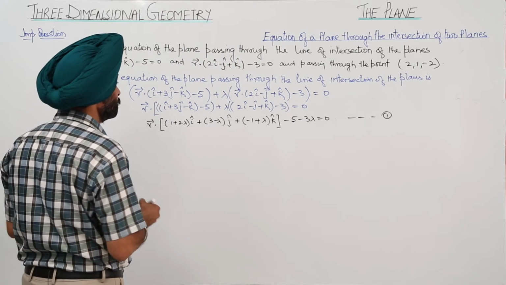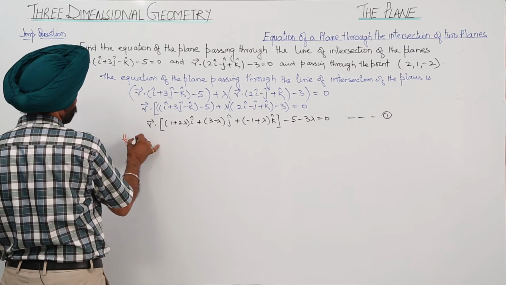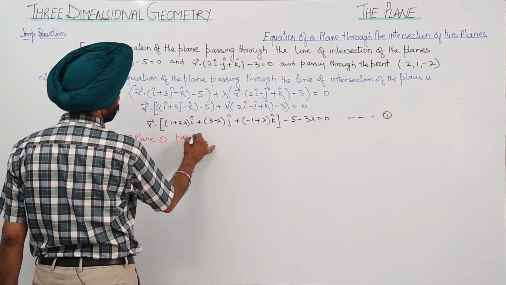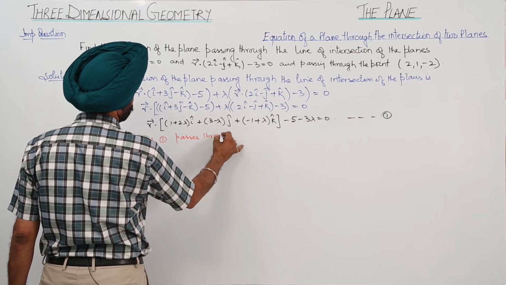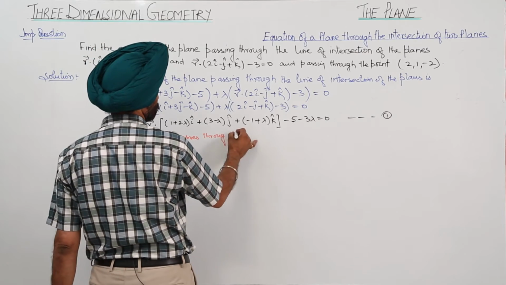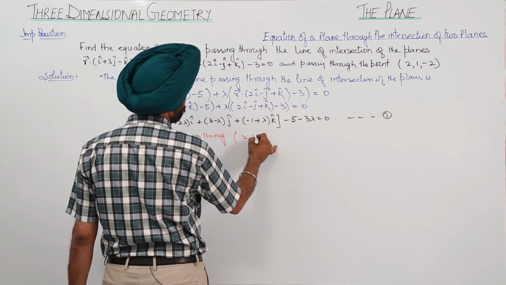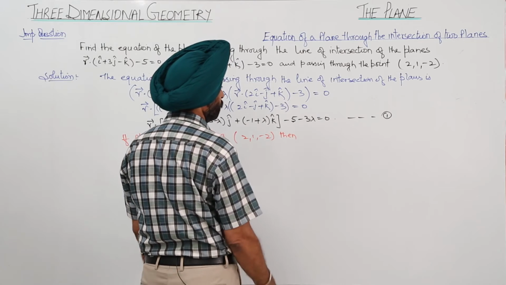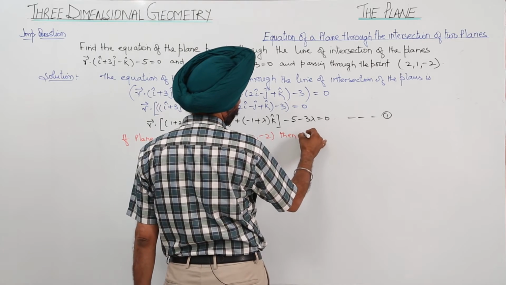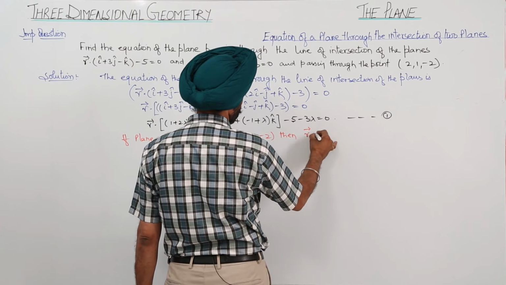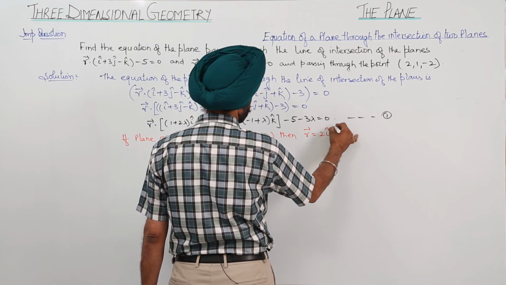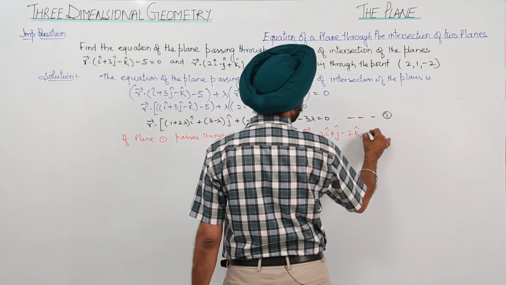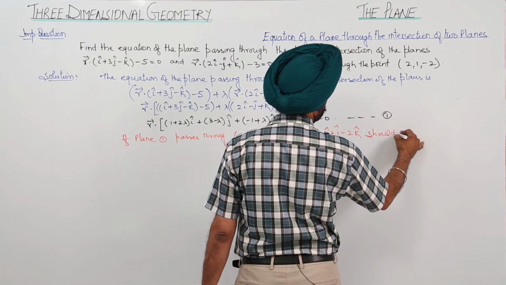Now, if the plane passes through (2, 1, -2), then vector r equal to 2 i cap + j cap - 2 k cap should satisfy it.